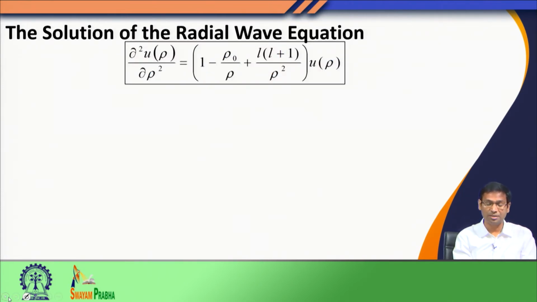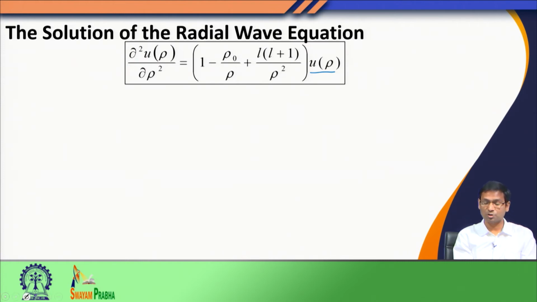This is the same radial wave equation that we derived in the previous slide. We have some terms in the left hand side and some terms in the right hand side. I have this u of rho, whose form I would try to obtain. Once I know u of rho, that will be the solution of this equation.